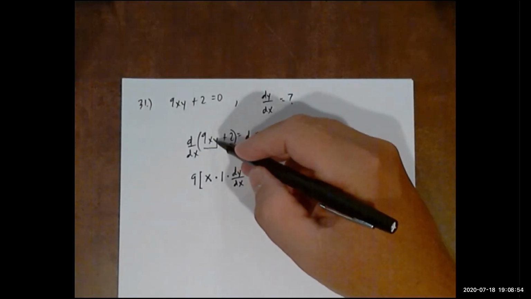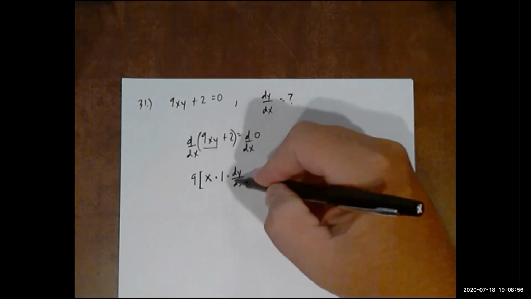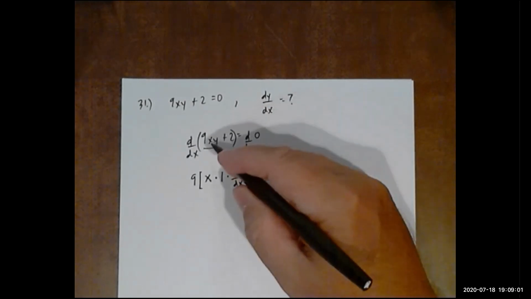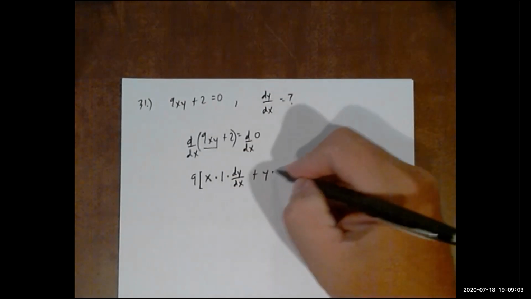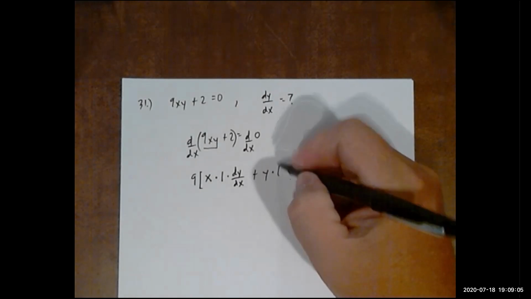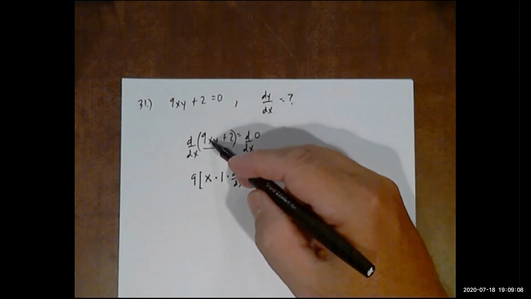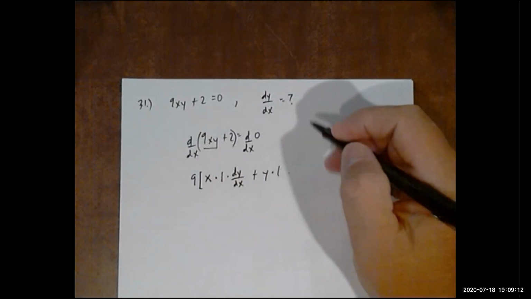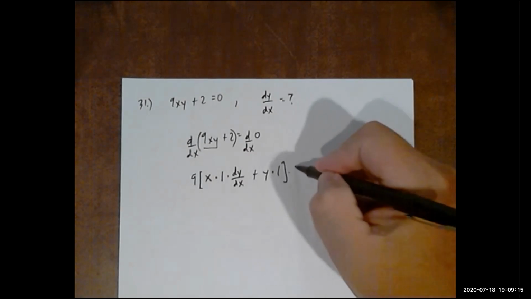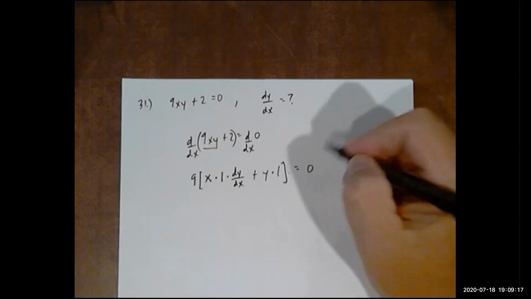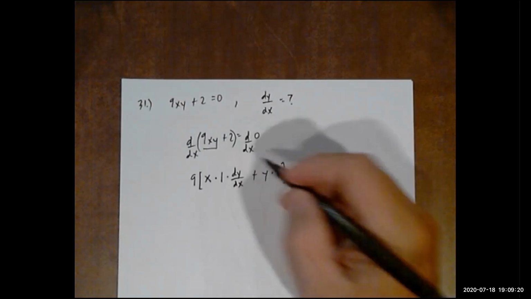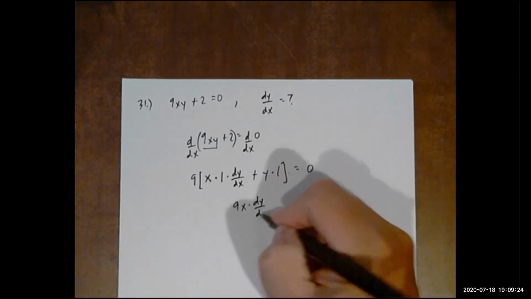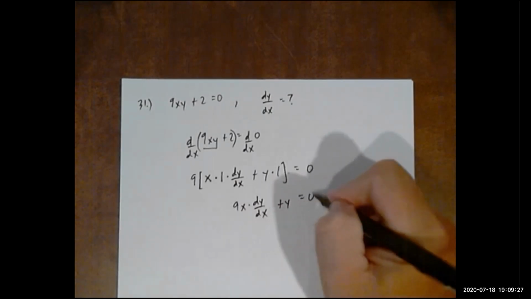The first derivative of y is 1 times dy dx, plus the second function times the derivative of x, which is also 1, but because this variable x is the same as what I'm taking the derivative with respect to, I don't have to tack on anything else. Derivative of a constant is just 0. So if I multiply out the 9, I have 9x dy dx plus y equals 0.